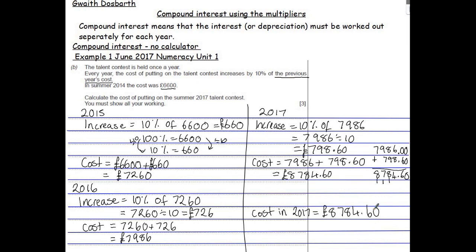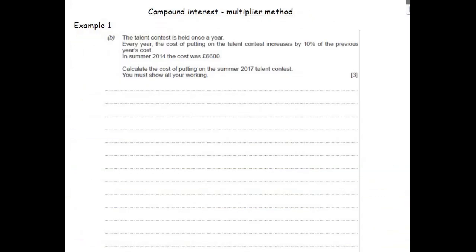So what I'm going to do now is look at this question using the multiplier method. So imagine this question came up in a Unit 2, so you are allowed to use your calculator. The method that we do now needs your knowledge of percentage multipliers, and that is a topic that you've also already done.